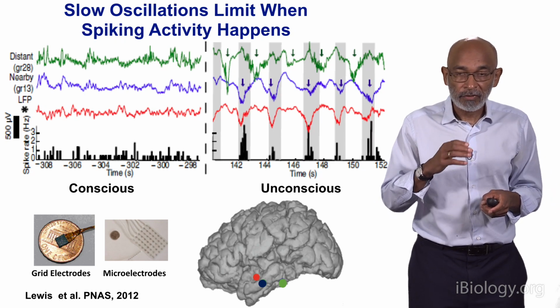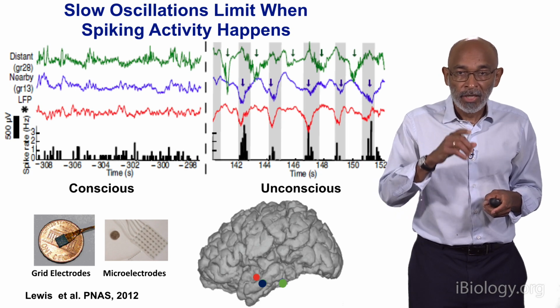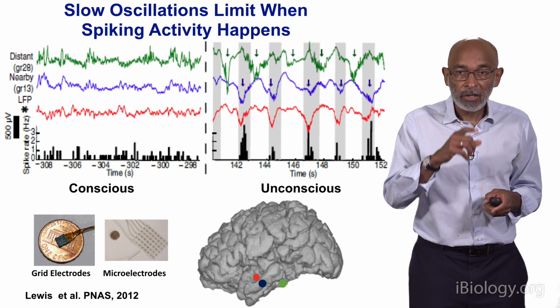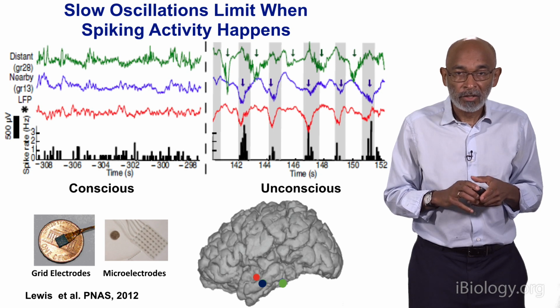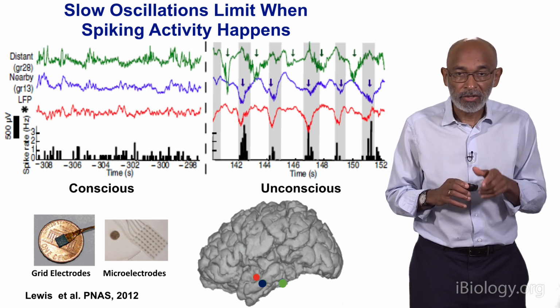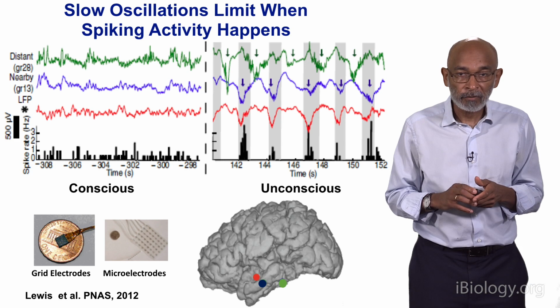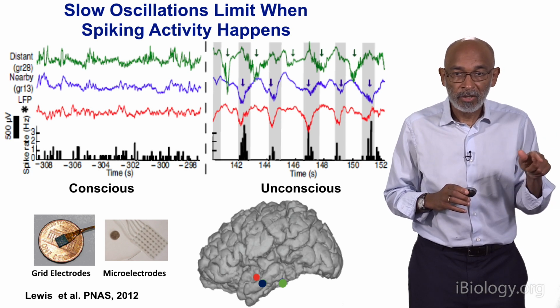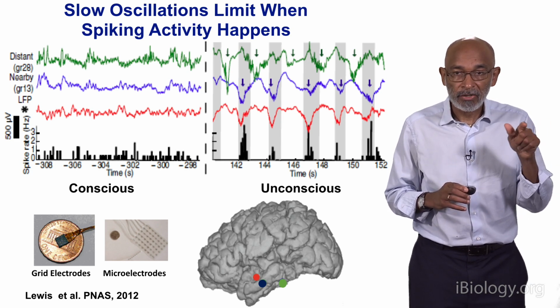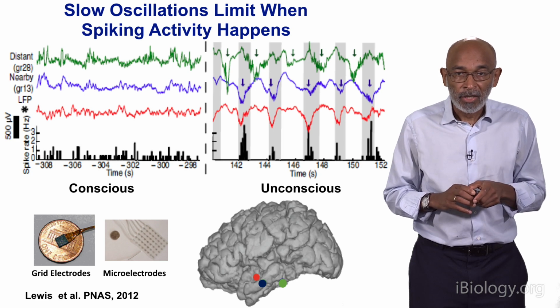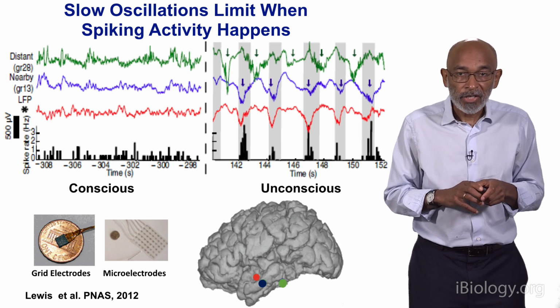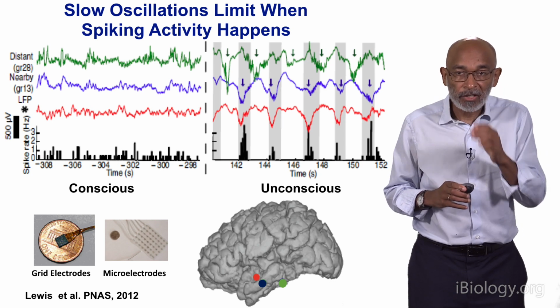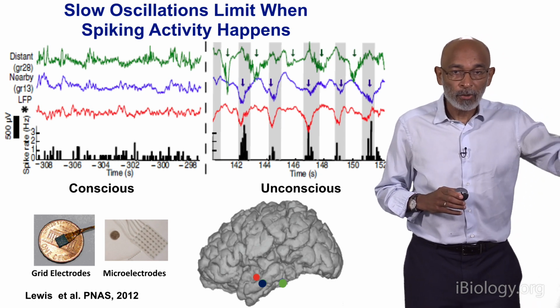The slow oscillations have taken over, right? And the colors on the traces correspond to the locations on the brain that I'm showing you below. So you see a red trace, you see a blue trace, and you see a green trace. And then below that, you see these little histograms. You see little bunches of activities. So look what happened.